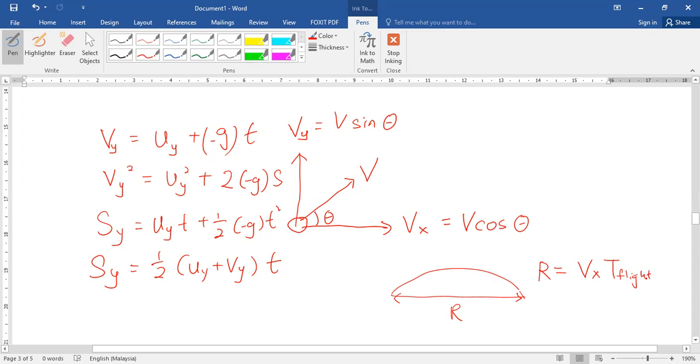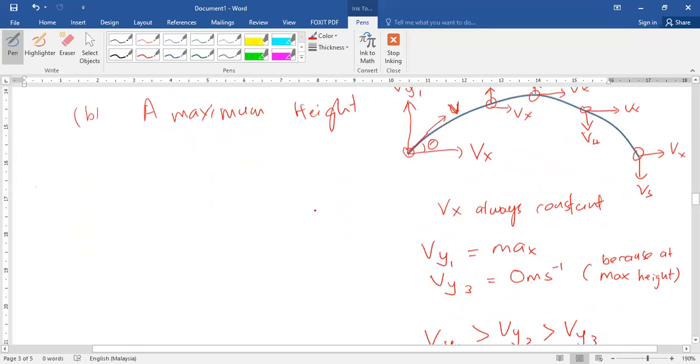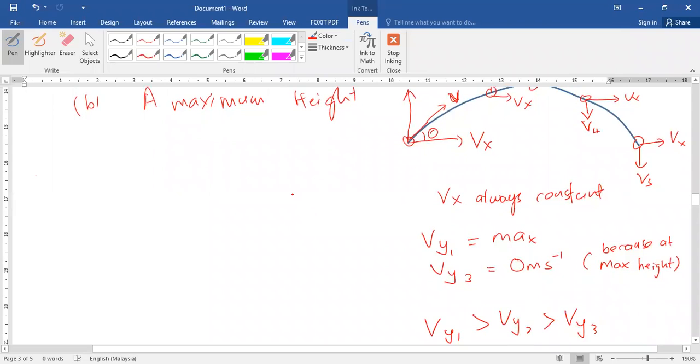So back to the question just now: why do we say that at the maximum height it is the slowest?